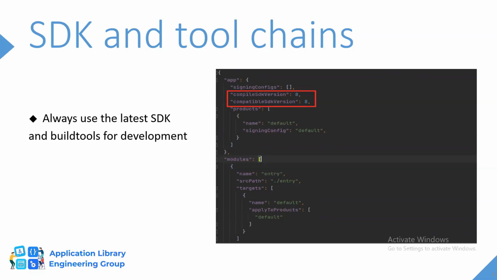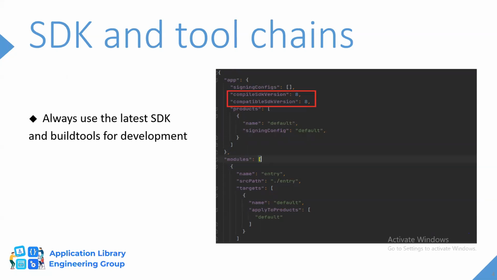For that, we are following compile SDK version 8 and compatible SDK version 8. All of the projects should have API version 8 to have uniformity. Anything less than that will be found out in the review.